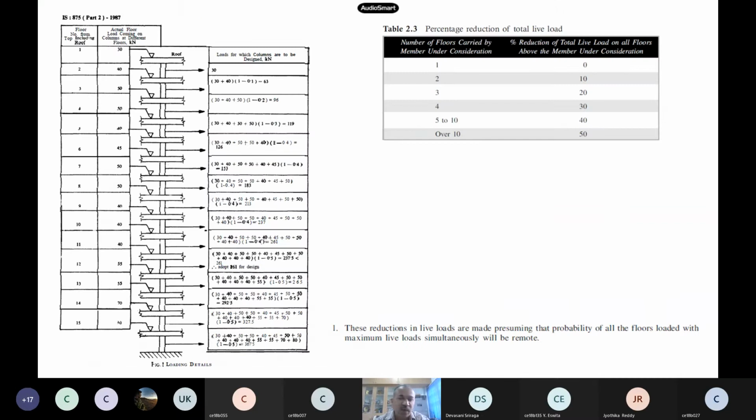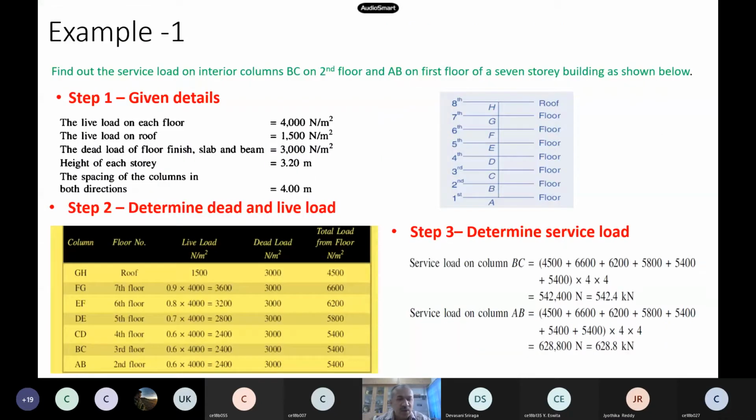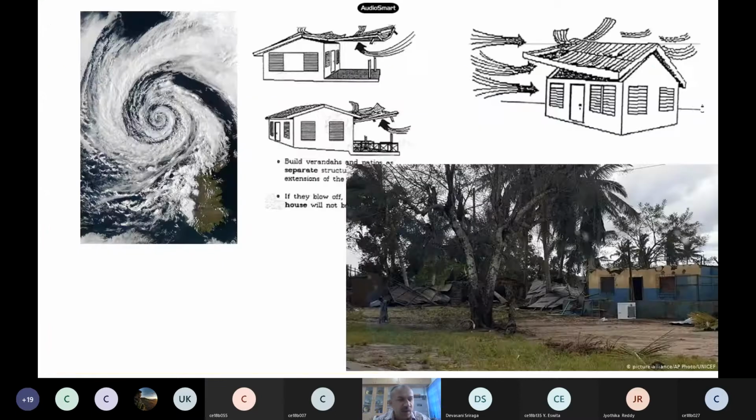When you are having a multi-story building, our IS code says the probability of all the floors being loaded with maximum live loads is very remote. So they say you can reduce the load by 10%, 20%, 30%, and the maximum is 50% of the load can be deleted. This already we have seen in the design calculation also. So this ends our imposed load.